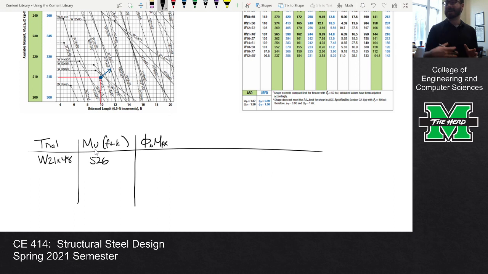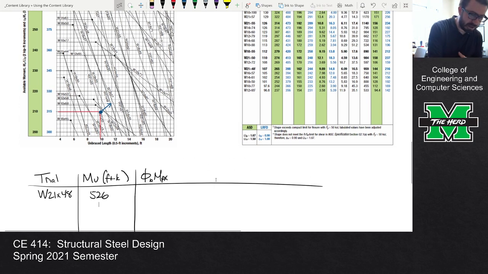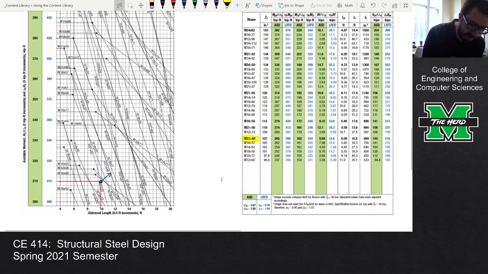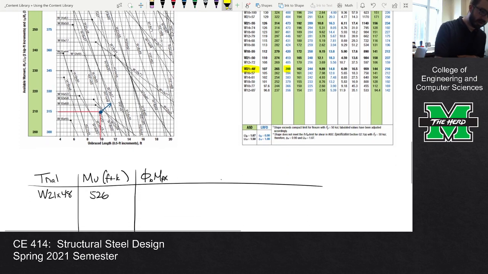So what is the phi Mp for a W21 by 48? Now you have to flip back to table 3.2, find the W21 by 48, and find its phi Mp. Its phi Mp is 398.